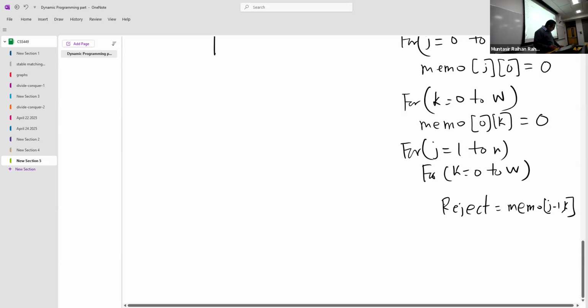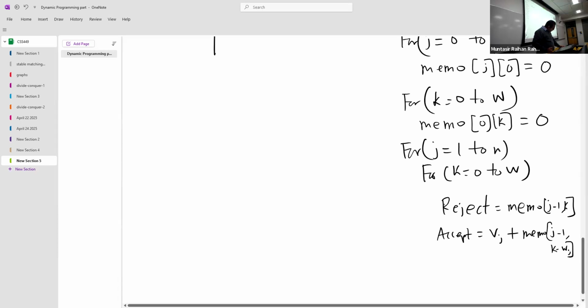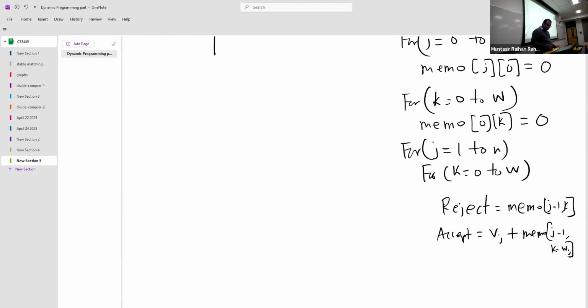But if you accept the jth item, then it's going to be the value of the jth item, vj, plus memo j minus 1 and k minus wj. This is where your weight condition happens.